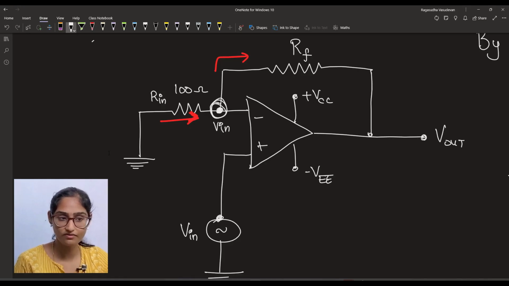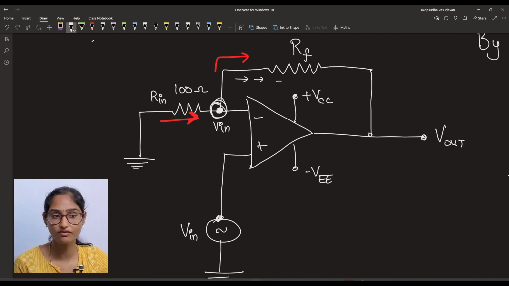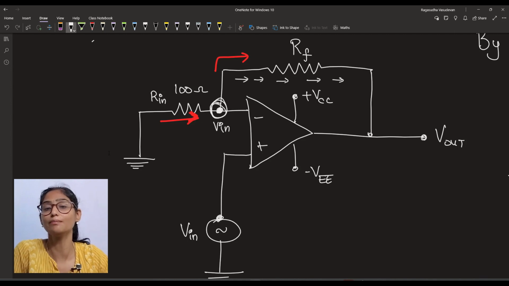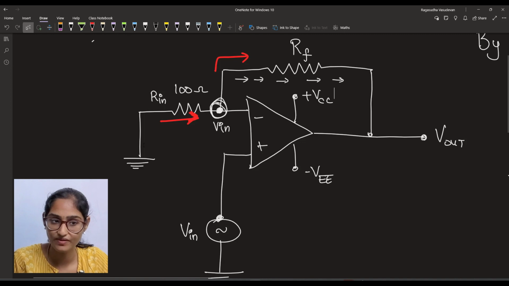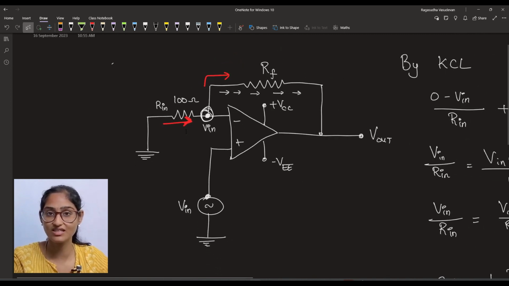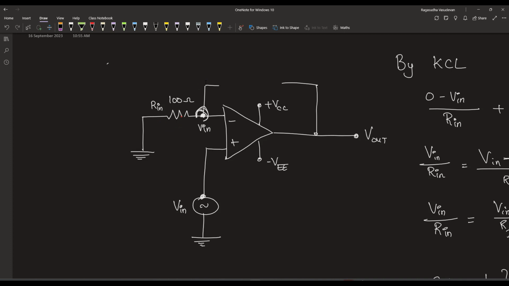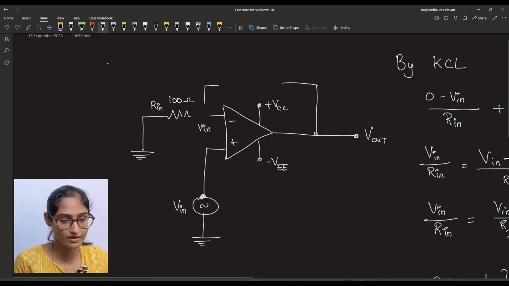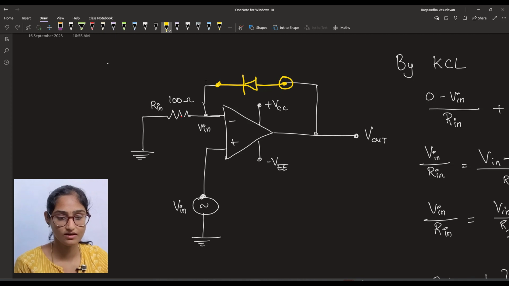Whatever input we apply here, if this is maintained as a constant value, we will get a constant value of current in the feedback path. This current will help us determine the healthiness of the device that is connected in the feedback. So to test whether two diodes are matched, we will remove this feedback resistor and connect the diode like this.